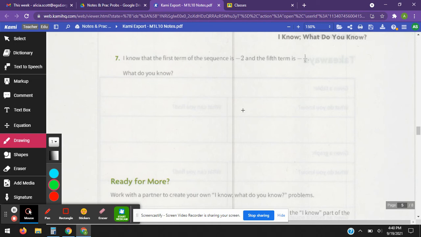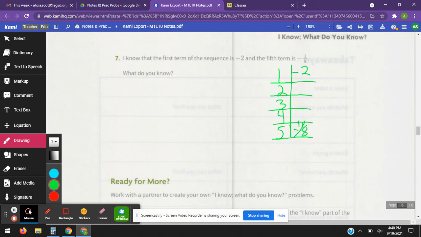Now, here's the catch with this one, though. So we don't know a whole lot. I can make a table. 1, 2, 3, 4, 5, -2, -1/8.